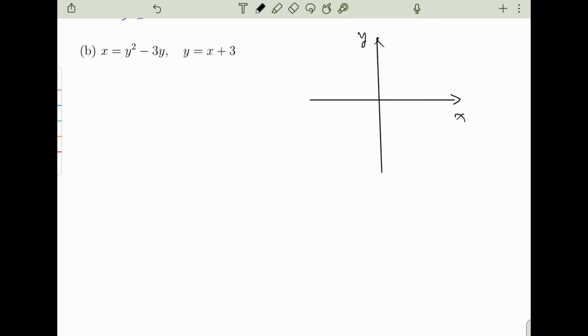Okay. This can be written as y times (y minus 3). So it passes through 2 points, 0 and 3, I mean the y coordinates, 0 and 3, right? This opening is towards the right side, so it's like that.